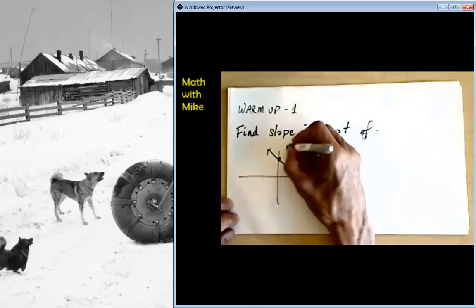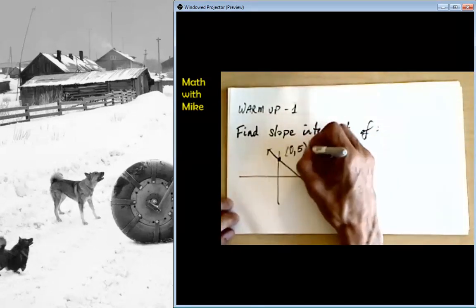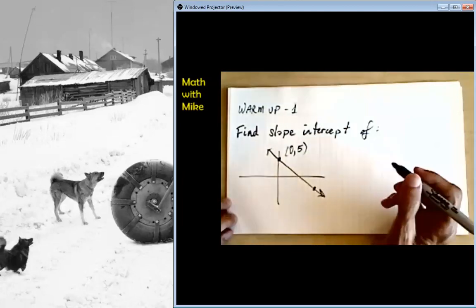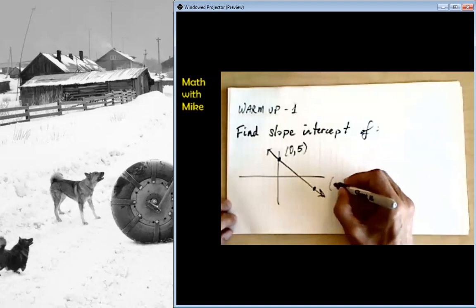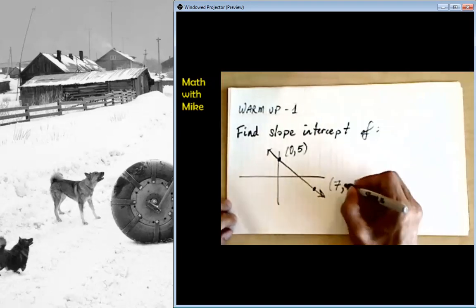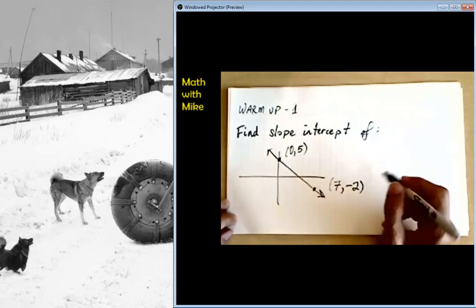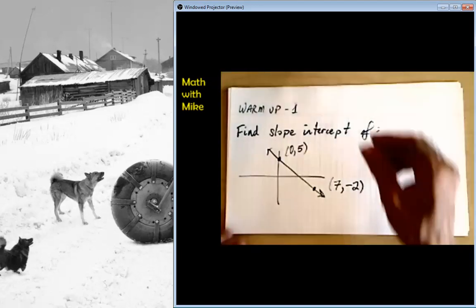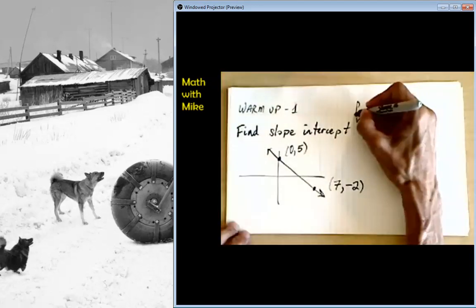Okay, because that's 0 and 5, and it goes through that point. I'm going to call it 7 and minus 2. Slope intercept form, I might add.